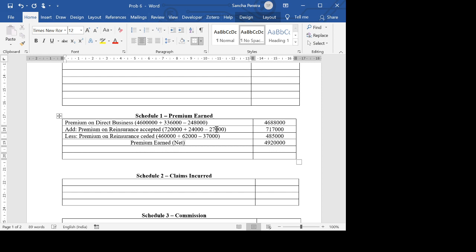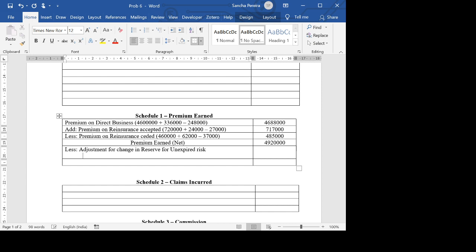Okay. This is the total premium that's earned during the year. On this we need to provide for the reserve for unexpired risk. We need to create that reserve. So less adjustment for change in reserve for unexpired risk.